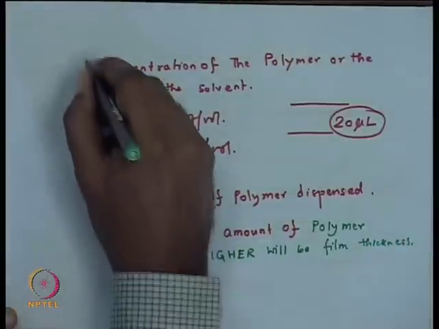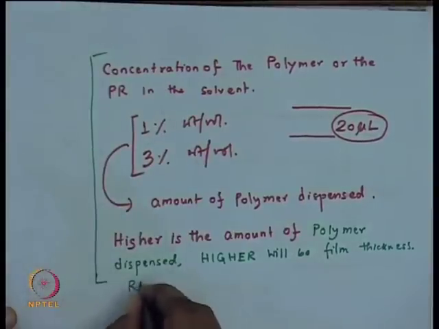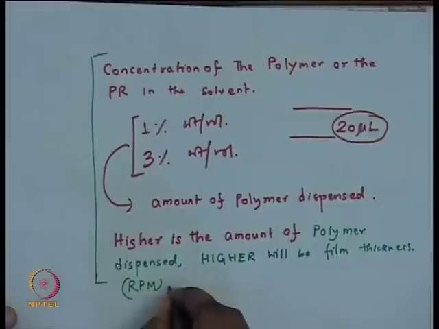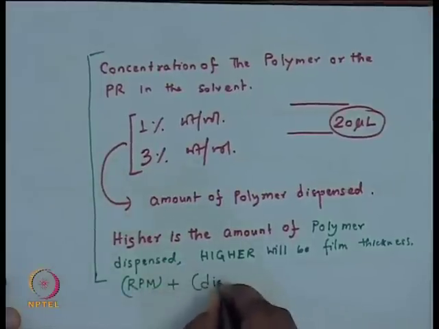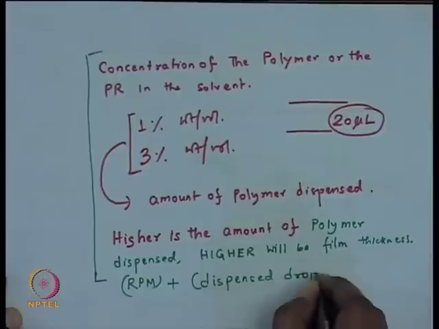This is one of the most important parameters alongside the RPM as well as the dispensed drop volume.